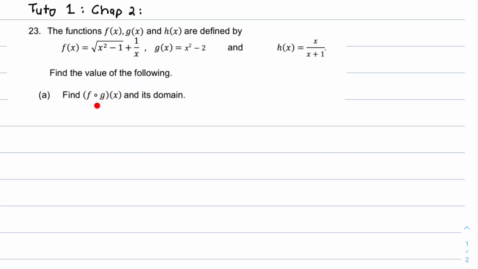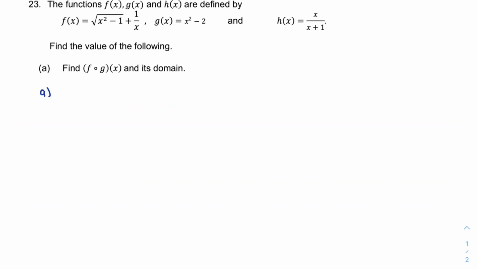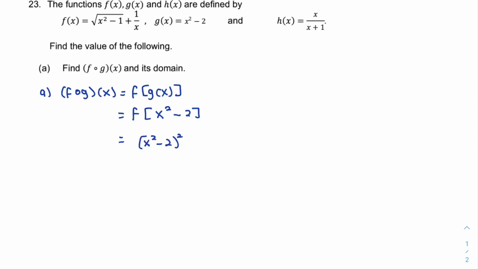A, find f composite g(x) and its domain. So first you do the composite f composite g(x), where your inner function is g(x). So f(g(x)), basically substitute into your f function x squared minus 2, and you're going to get the square root of (x squared minus 2) squared minus 1, plus 1 over x squared minus 2.